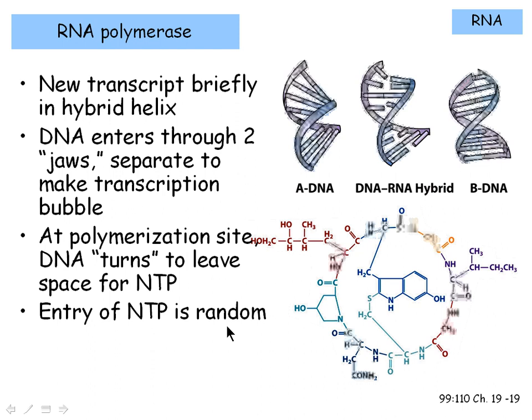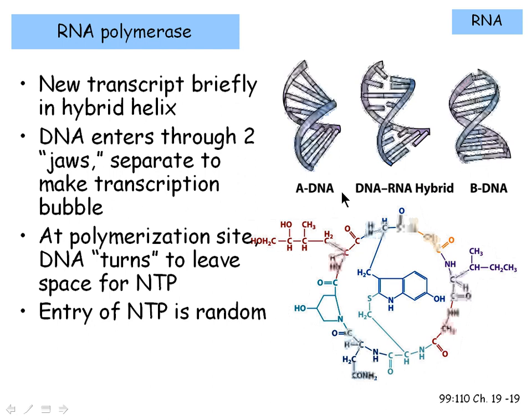You may remember when we were talking about DNA structure that there are three major forms of DNA found, A, B, and Z DNA. B DNA could be thought of as bulk DNA, if you like. And we talked a little bit about A DNA being squatter and wider than B DNA.